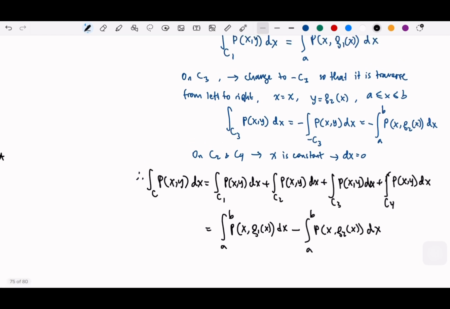And then from this expression, we can see that the negative part is coming from the one we have.